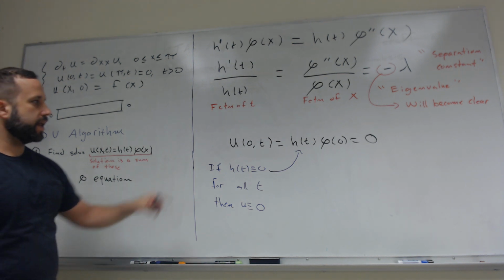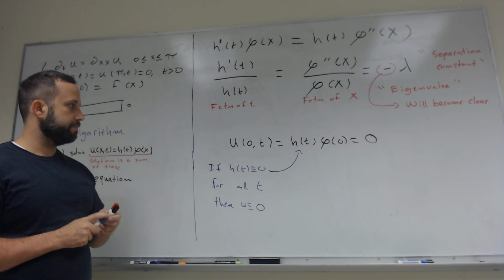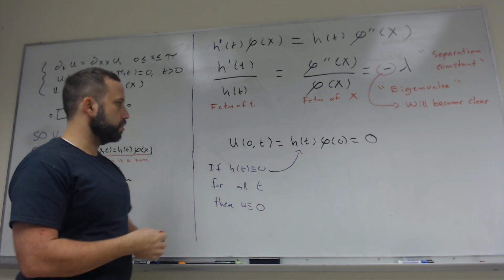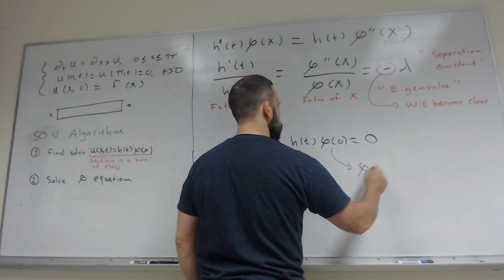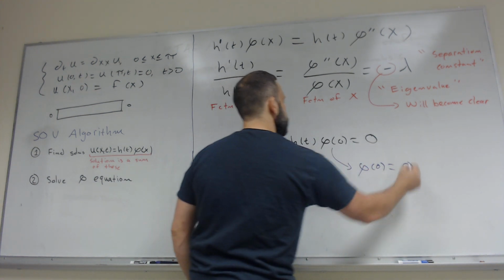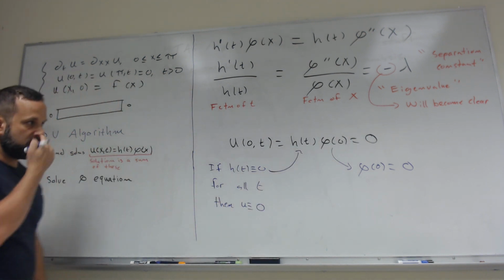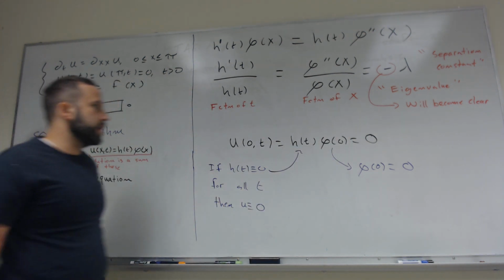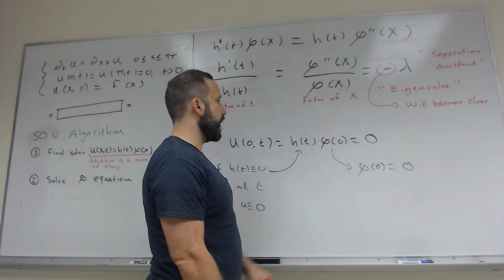So h of t is not 0 for at least some t. This is going to imply that phi of 0 is equal to 0. Just divide by h of t and you get phi of 0 is equal to 0. If you have two numbers whose product is equal to 0, one of them has to be 0.